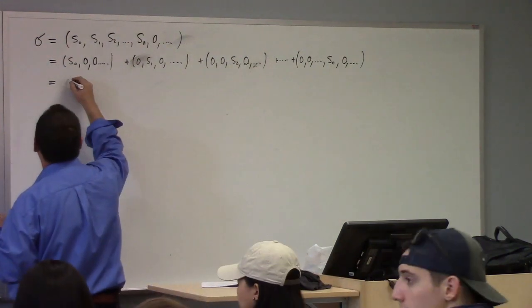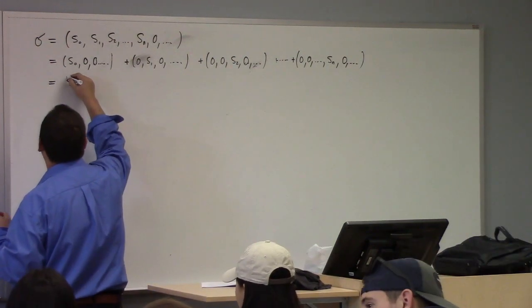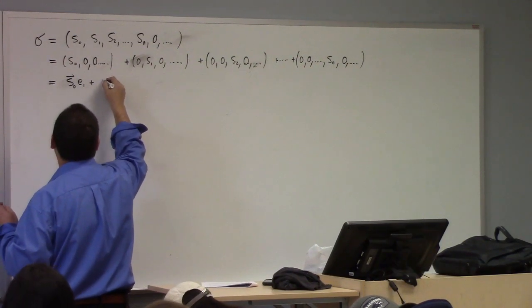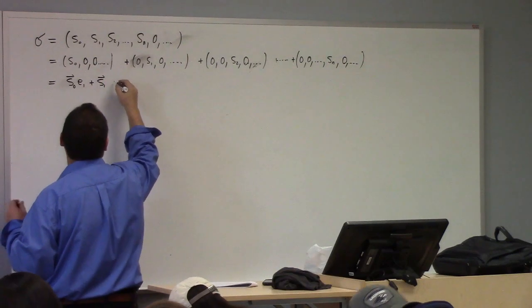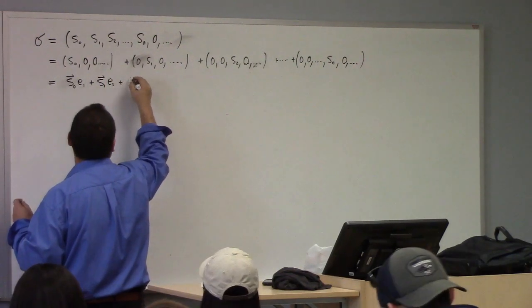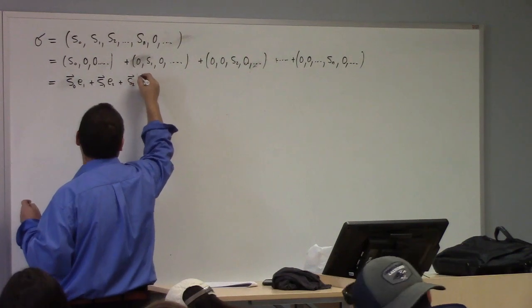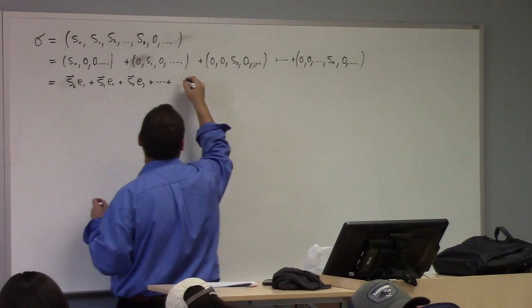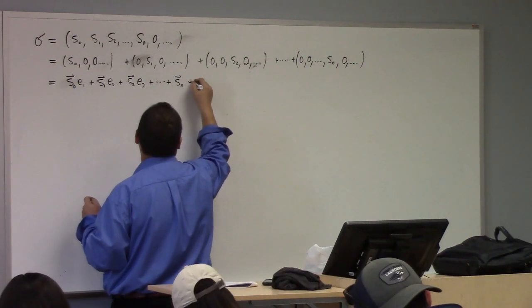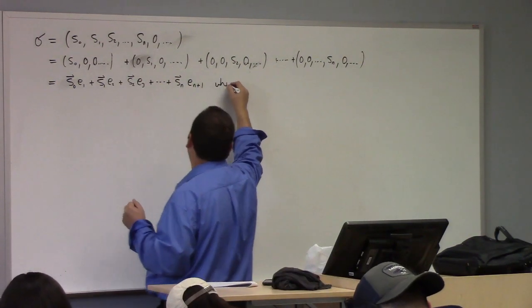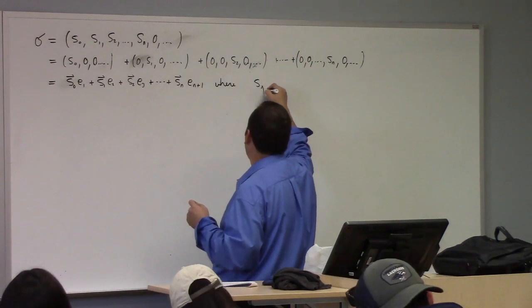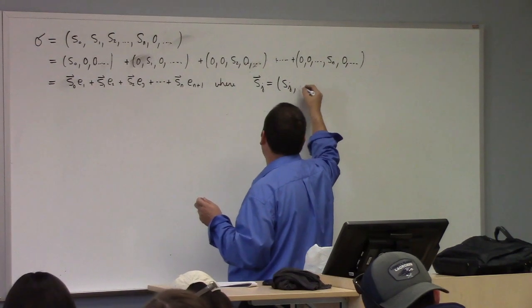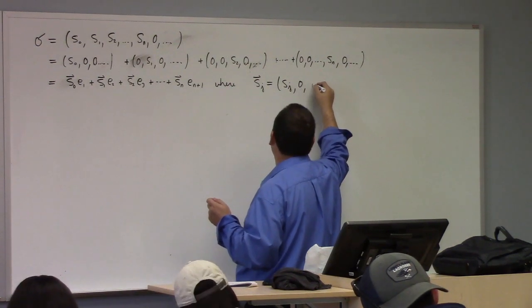I just have to write S0 vector times E1 plus S1 vector times E2 plus S2 vector times E3 plus Sn vector times En plus 1, where S sub j vector is this. It's S sub j in the 0th component and then zeros after that.